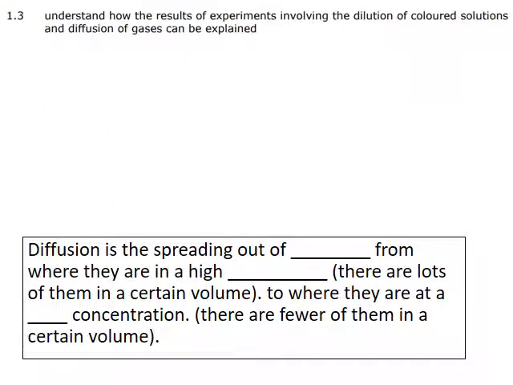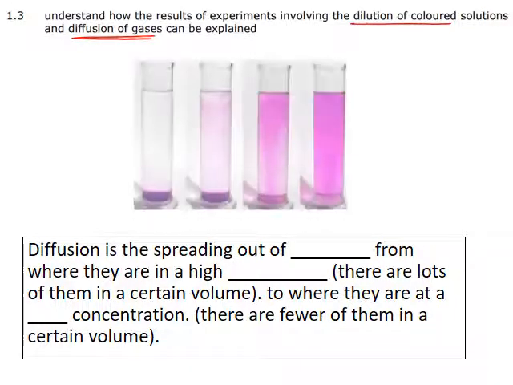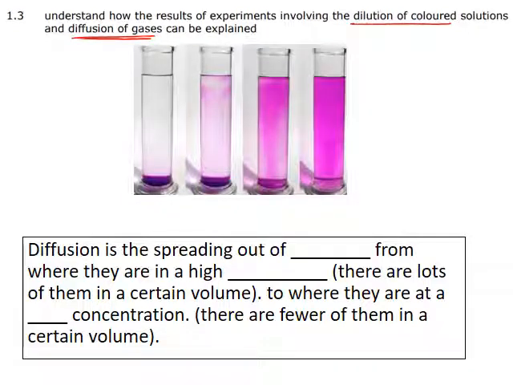Okay, in the next part of the specification, 1.3, we're going to be explaining why solutions get lighter when you dilute them, and also why air freshener spreads through the room. To understand this, we have to look at the definition of diffusion.